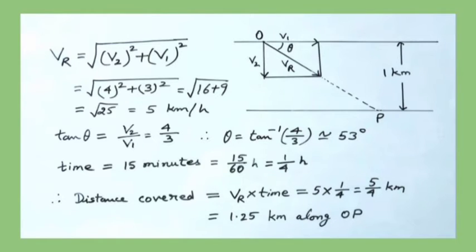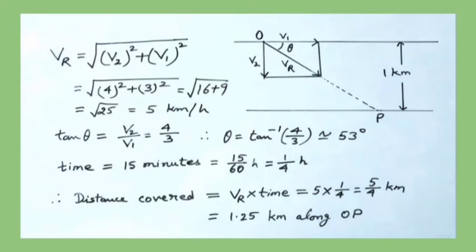Relative velocity is therefore Vr is equal to under root V2 square plus V1 square, which is equal to under root 4 square plus 3 square, and that comes out equal to 5 km per hour. See in the diagram, tan theta is equal to V2 by V1, which is equal to 4 by 3.